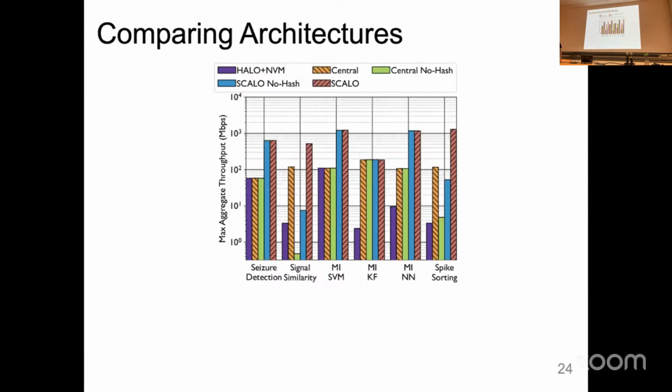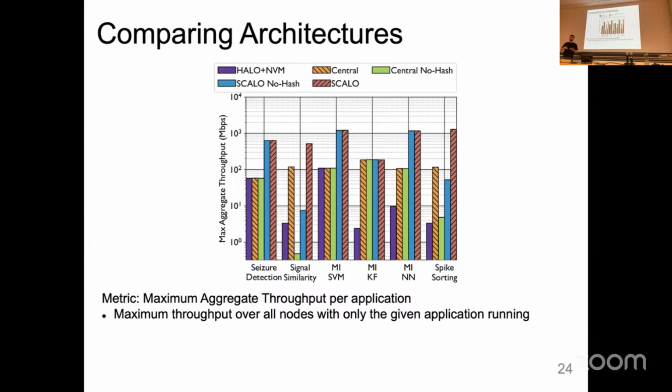All right. So this is the main graph that I want to talk about. This is the comparison between the architectures. The metric evaluated here is maximum aggregate throughput per application. This is the maximum throughput over all nodes, aggregated, while only a single application is running.